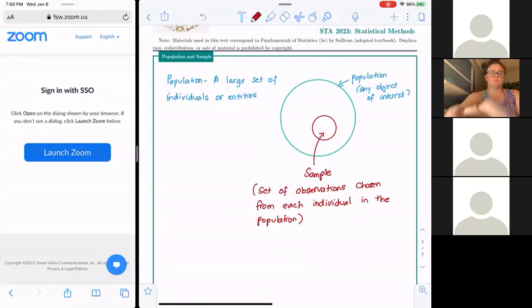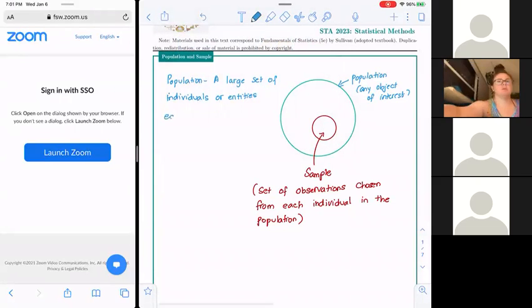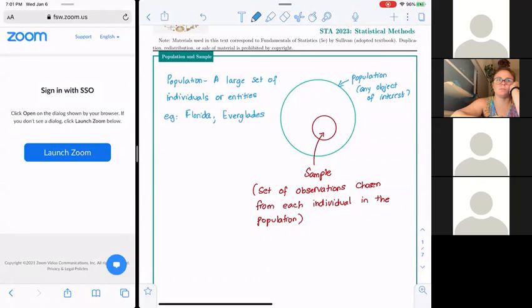So I've mentioned that the population is the large set of individuals or entities, and the example that I used for the population was Florida, as the entire state is a population, and the Everglades is also a population.